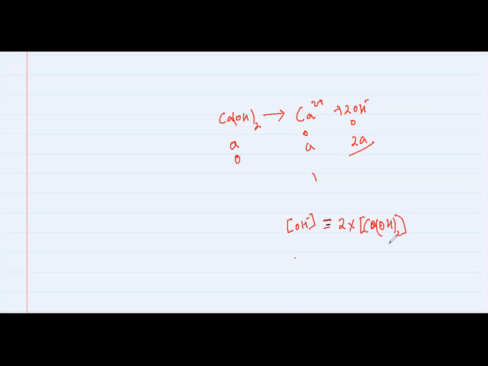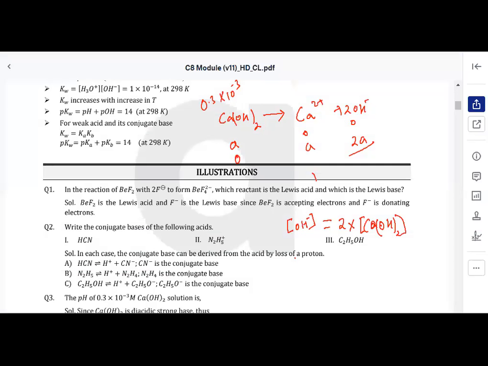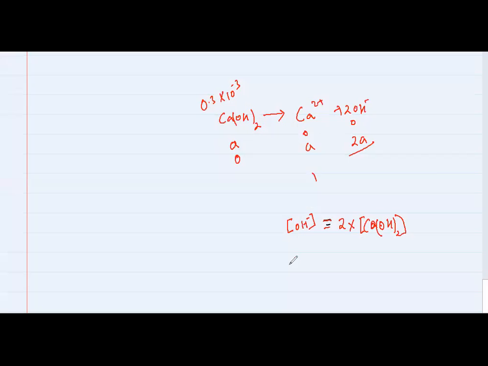Yes or no? And we know that the concentration of C(OH)2 was 0.3 into 10 power minus 3 molar, right? Yes. So concentration of OH minus, as simple as that, no concept of equilibrium will be used: 2 into 0.3 into 10 to the power minus 3 molar.